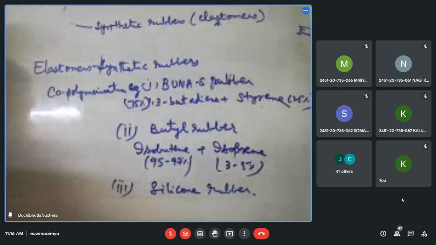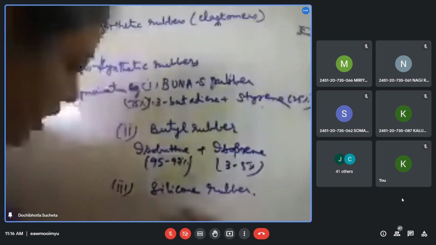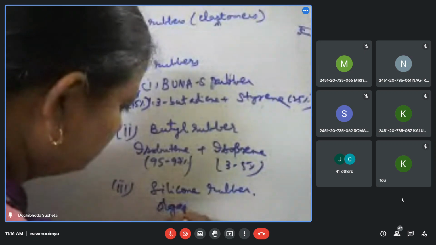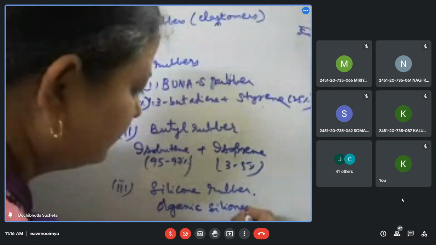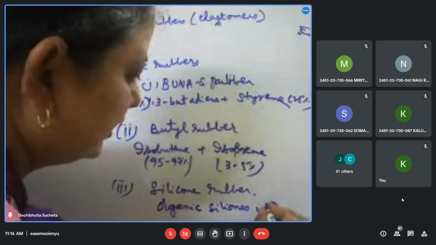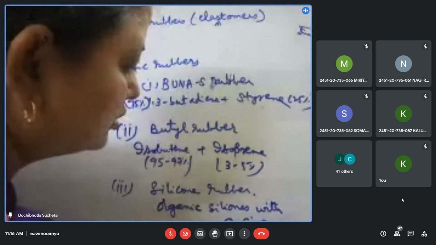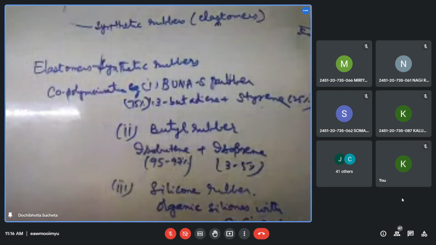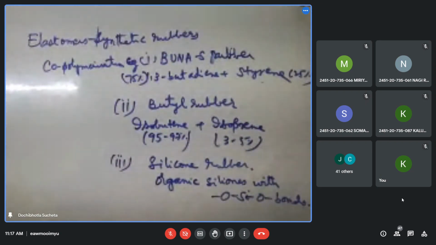These are actually organic silicones with SiO bonds. Okay. These are silicone hydroxides. That's the point. Okay. That concludes the class.